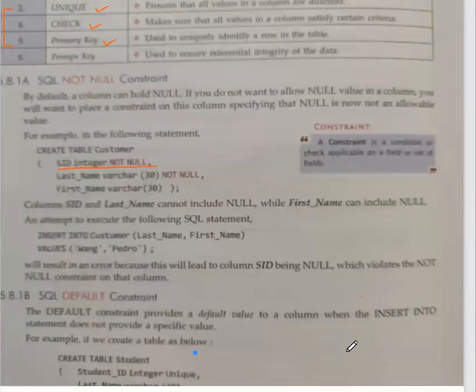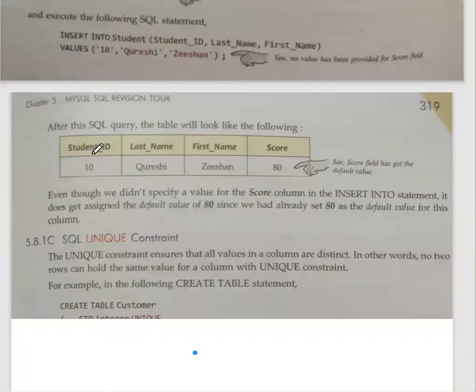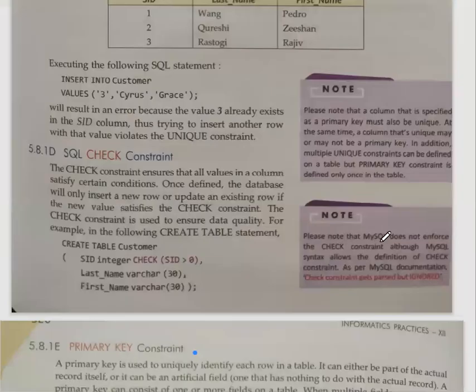You can see here, this is default, which we have already discussed, and here unique, discussed. Check is given here. Please note that MySQL does not enforce the check constraint, although MySQL syntax allows the definition of a check constraint.